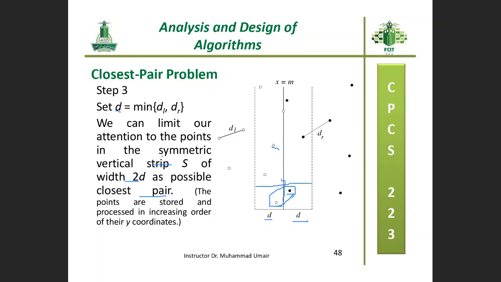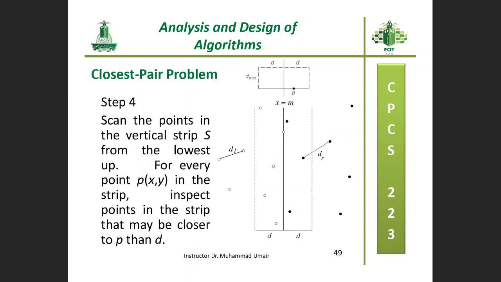So you have to calculate the points that come inside this rectangle, and you have to scan this complete strip. After that you will find the smallest one. Is it clear? You have to scan this strip completely, and then you can decide which 2 points are the closest.